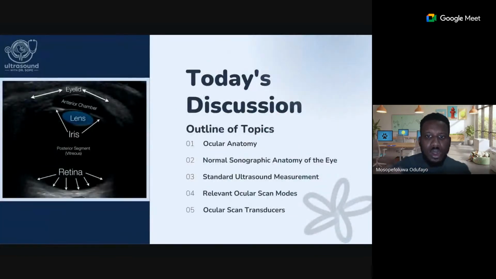So under today's discussion we're going to be talking about ocular anatomy, the normal sonographic anatomy of the eye. We'll also mention a little bit about standard ultrasound measurements. Then we'll talk about relevant ocular scan modes, and some of these ocular scan transducers.